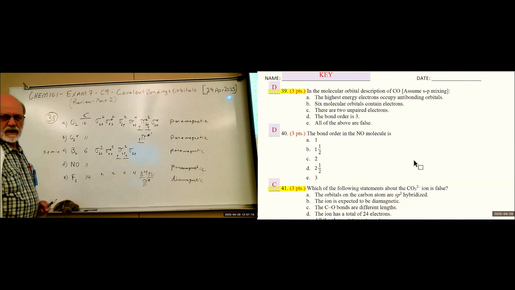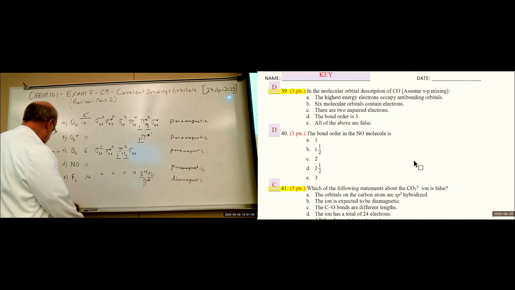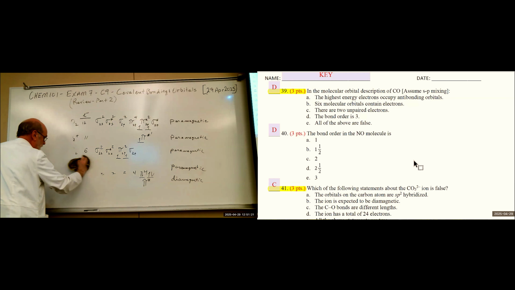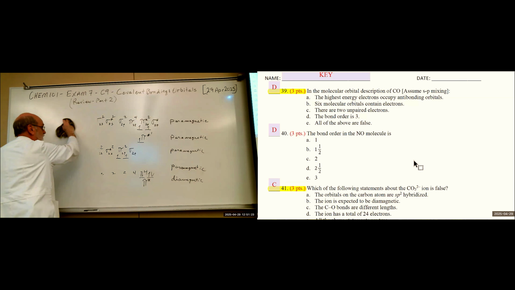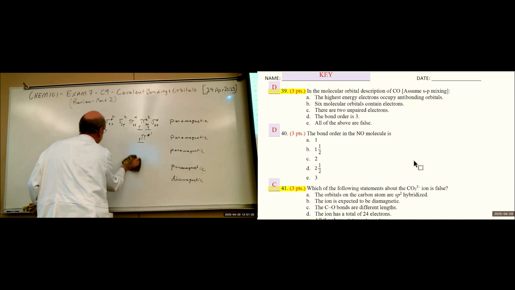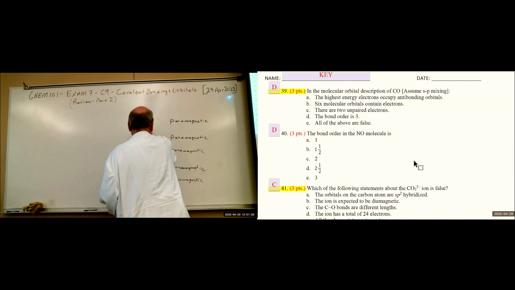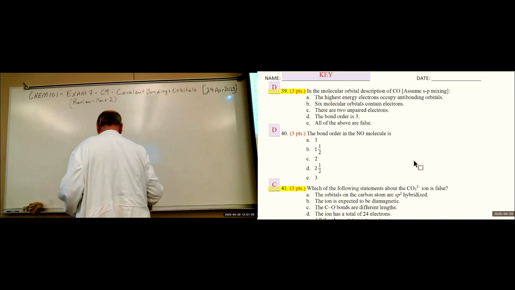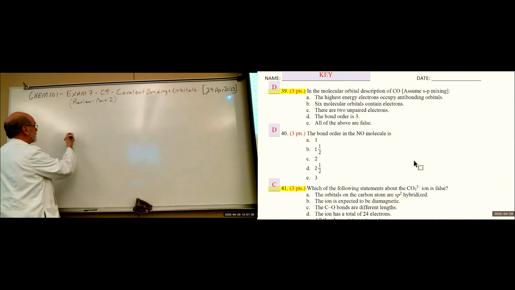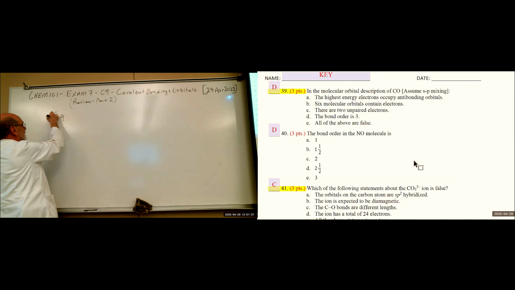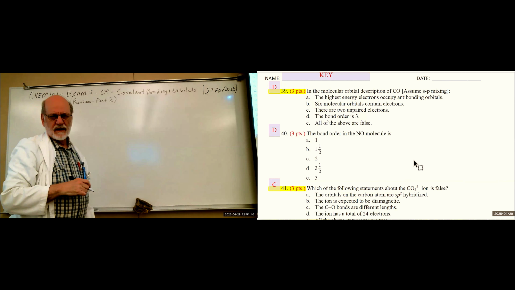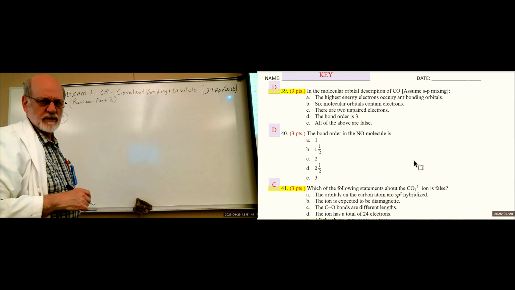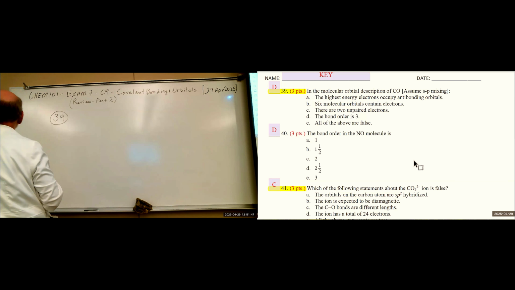Okay. Let's see. 39. Might as well just redraw it. I need to practice anyway. In the molecular orbital description, carbon monoxide, assume sp mixing.